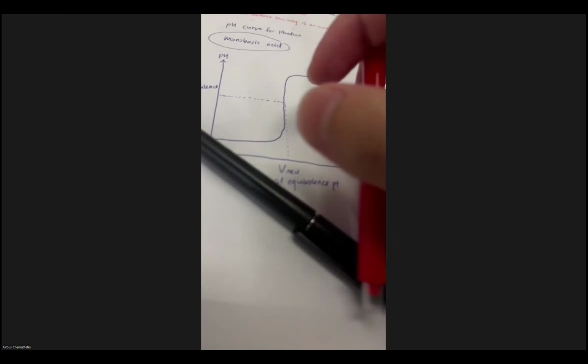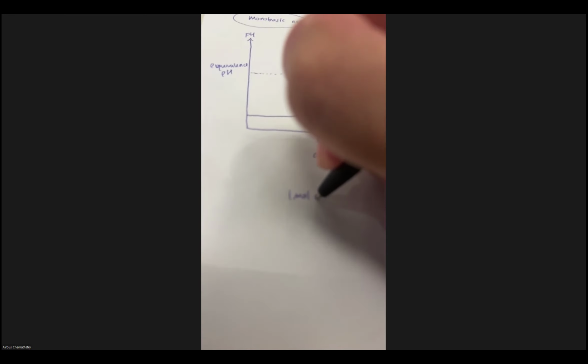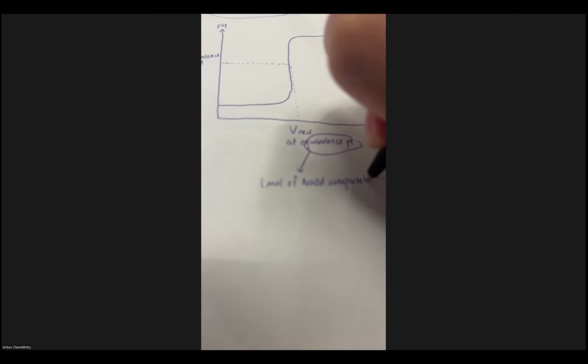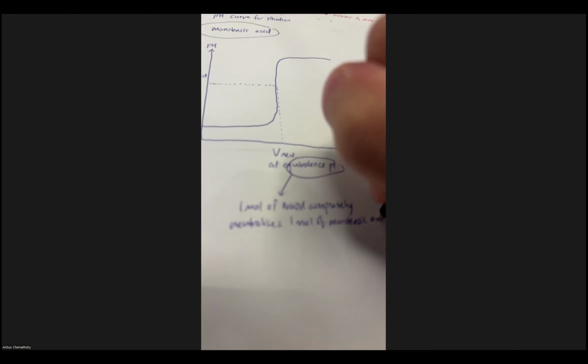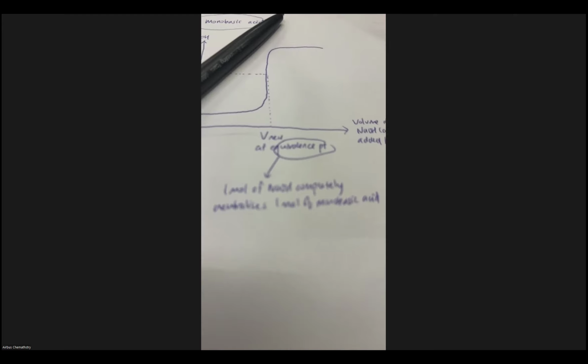So this equivalence point comes when 1 mole of NaOH completely neutralizes 1 mole of monobasic acid.